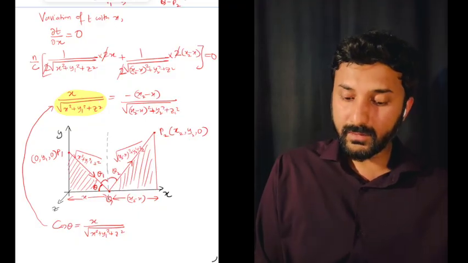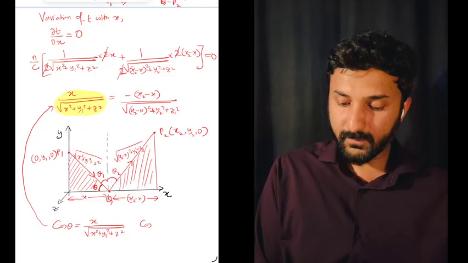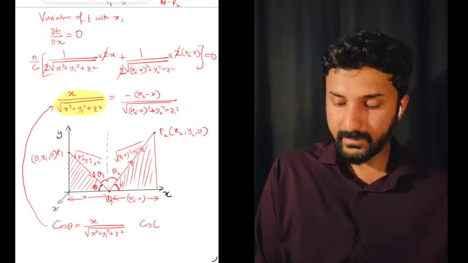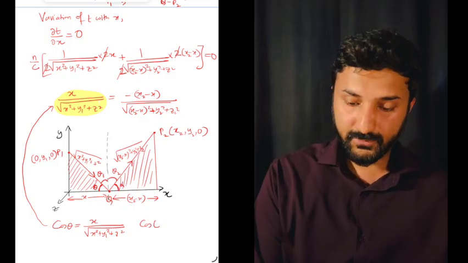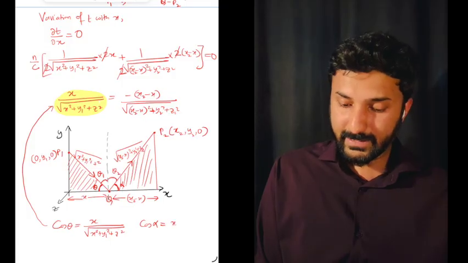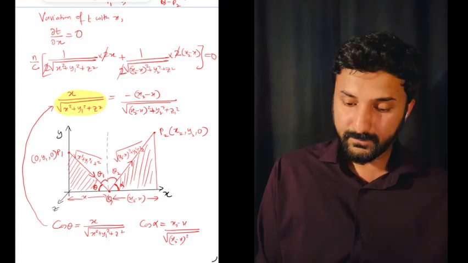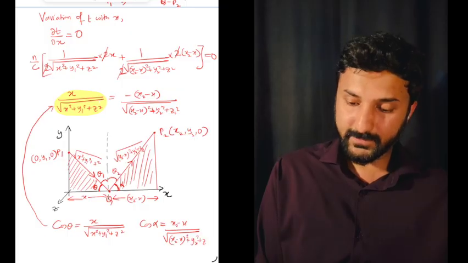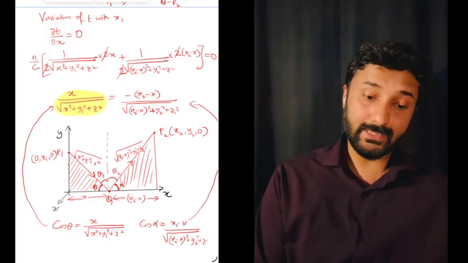So what we end up with is cos of, if I call this alpha, let's say. So what is cos of alpha? It's going to be x2 minus x divided by square root of all of that, x2 minus x squared, y2 squared, and z squared, which is nothing but the right hand side.